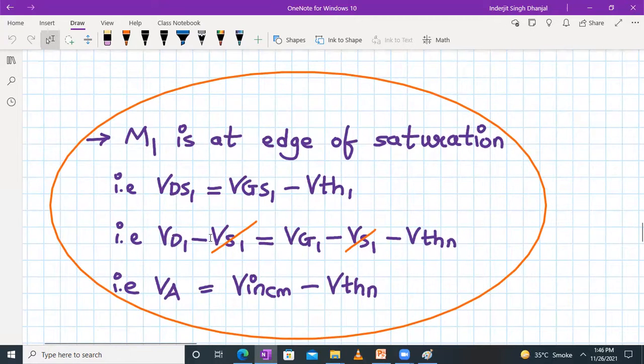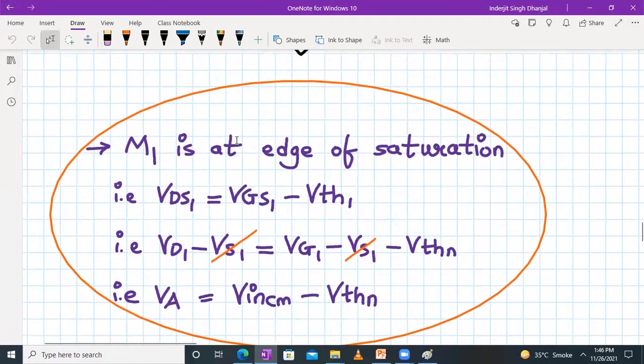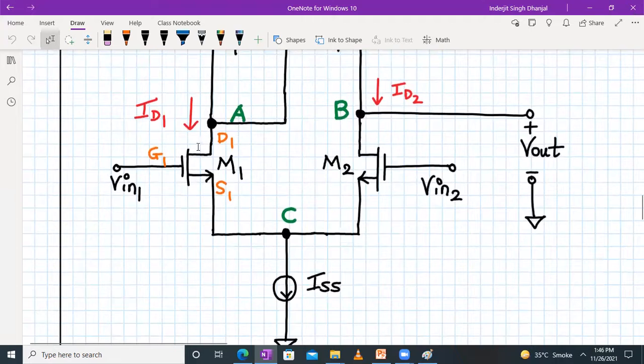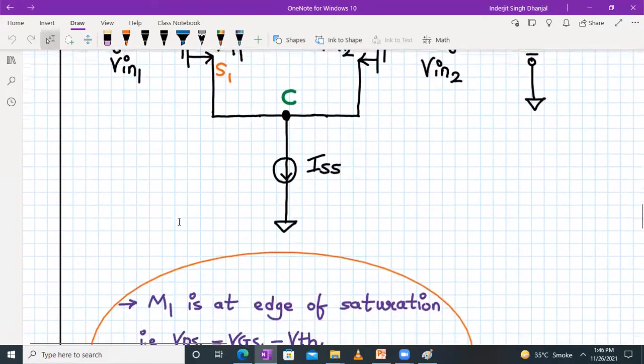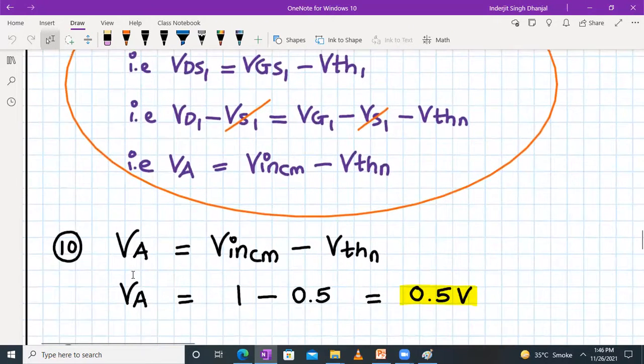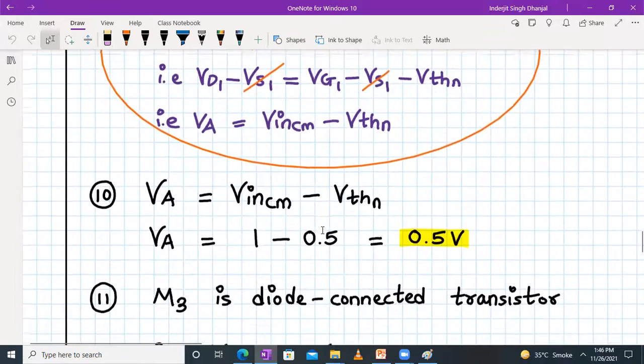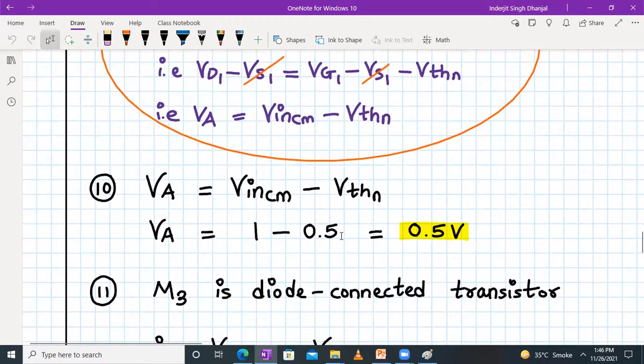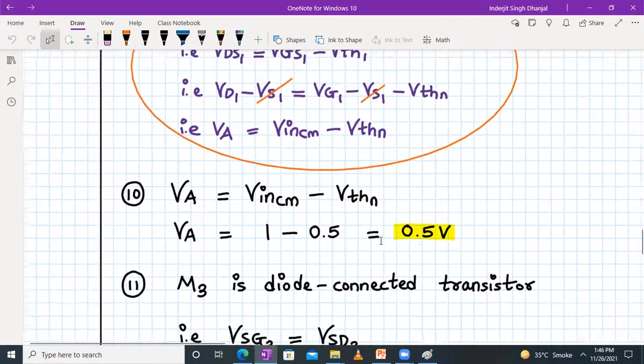So VS1 will get cancelled. So what will be VD1 and VG1? Over here, VD1 will be VA and VG1 will be the input common mode level, Vin CM. So VA is equal to Vin CM minus VTHN. Okay. So VA will be equal to 1 minus 0.5, which will be 0.5 volt.